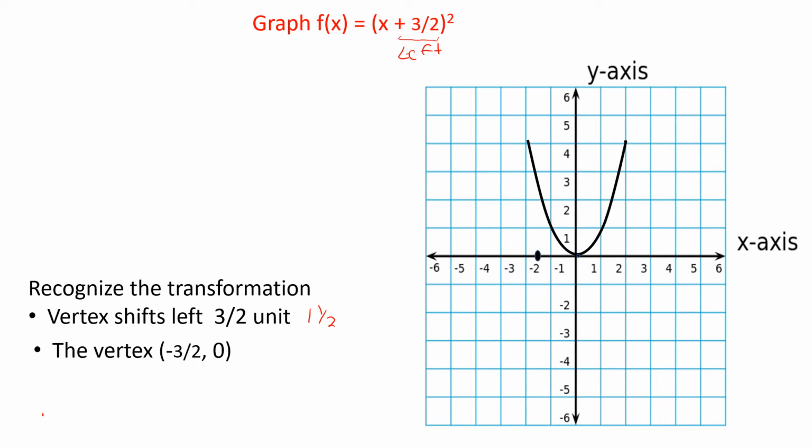So you end up with -1 1/2, 0 as the vertex. As you can see, I've graphed that there. Then you just slide your parabola over and you have your sketch of your function.